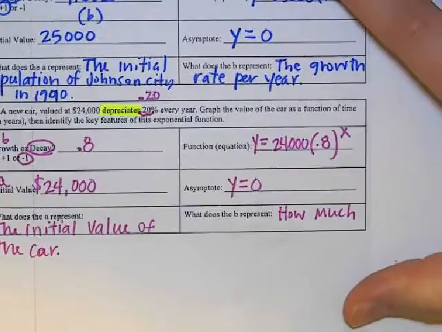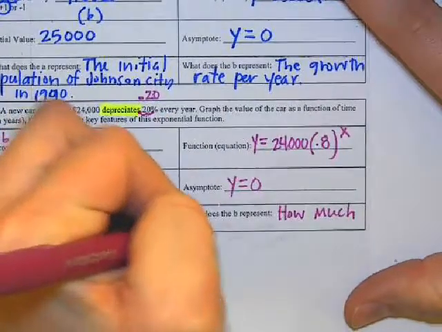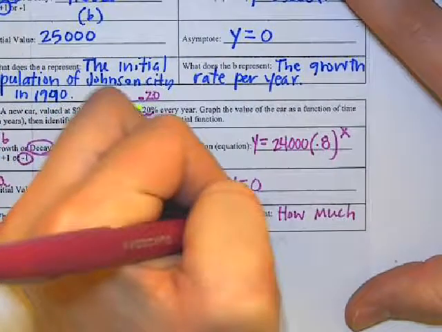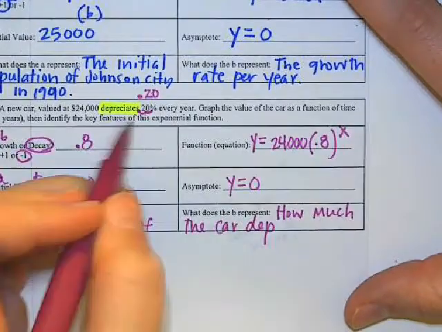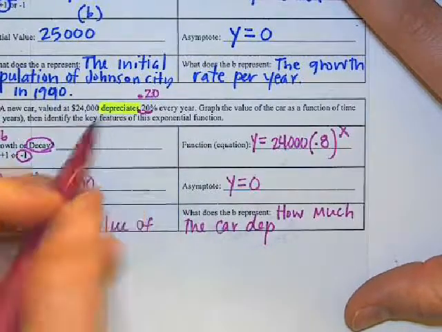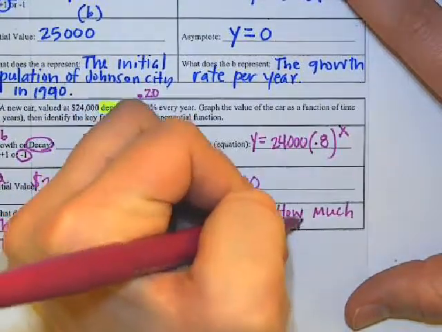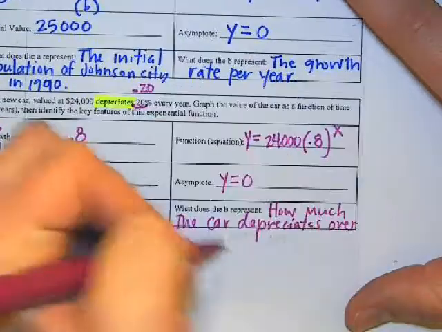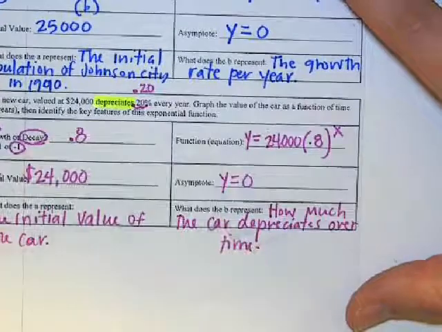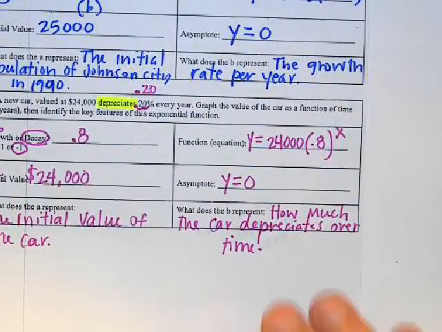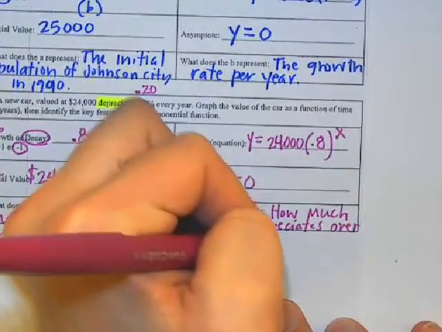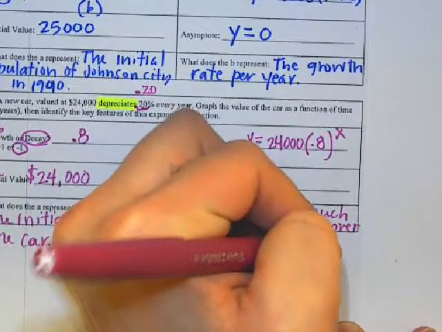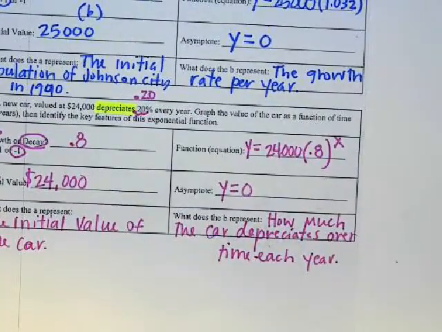So I would say how much the car depreciates. Why don't we reuse the word it used in the problem? Depreciates over time. Over time each year. Because we're talking years. Okay.